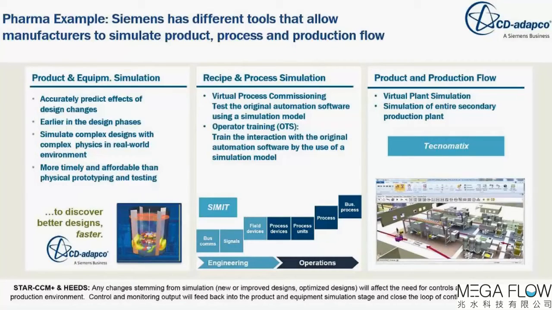But we also want to make sure that you understand how this ties into PLM and into process simulation as well. So with our tool HEATS, you can start really combining and looking at, and I mentioned that before for clinical trials as well, model behavior in the process environment.